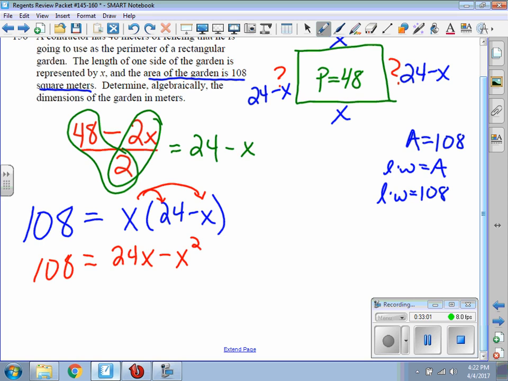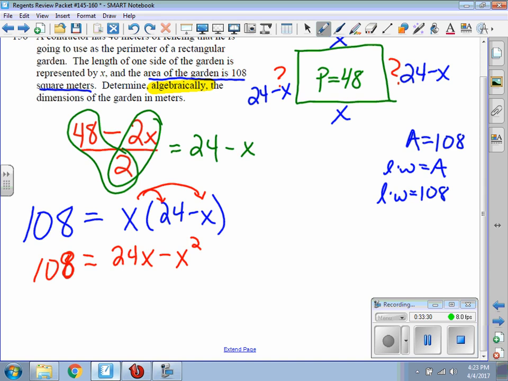Okay, that's good. Now I need to know, how could I solve this? Can I go over to the calculator and do the zeros? No. The word algebraically is in there. I have to use solving an equation. So that means I've got to get everything to one side, and then I've got to factor it.